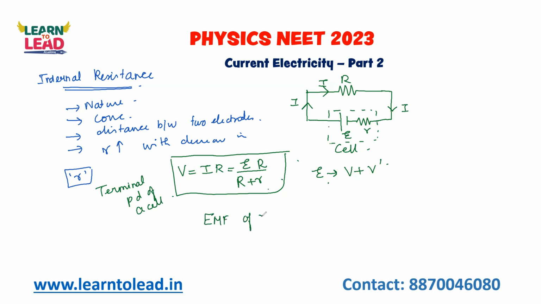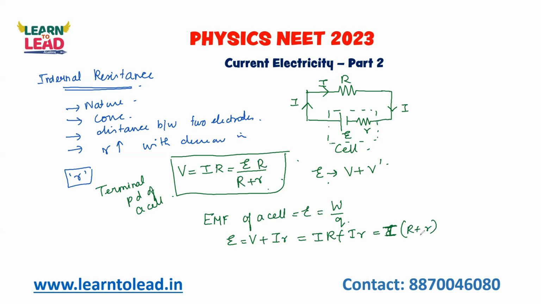So EMF of a cell oda formula, note down, EMF is work done per charge. EMF of a cell is nothing but work done per charge. Okay, when there is a cell of internal resistance r, அப்போ EMF அப்படிங்கிறது V plus Ir. V is nothing but I into capital R plus I into small r. So EMF is equal to I into R plus r.